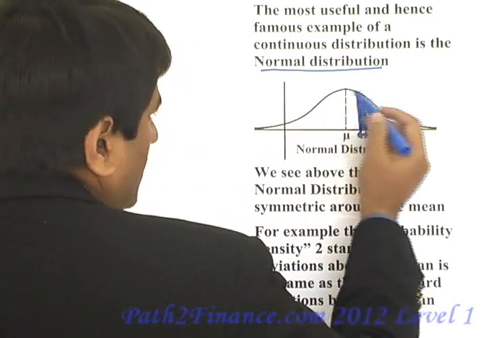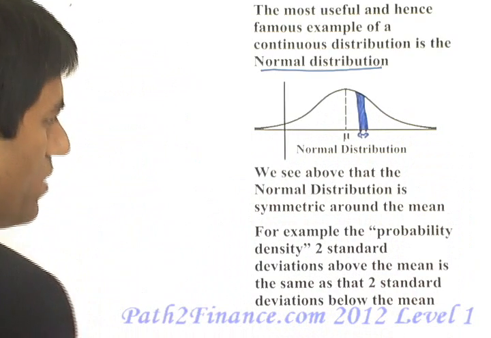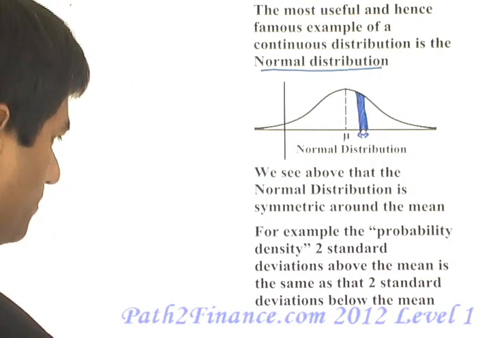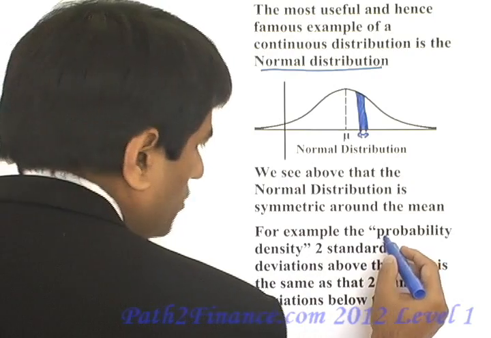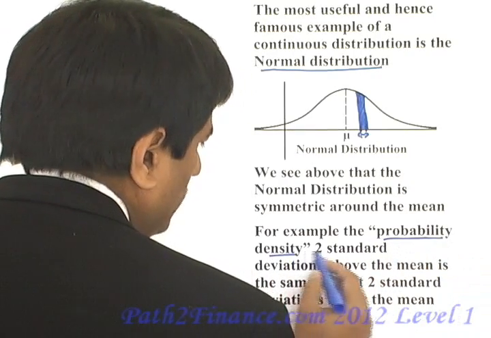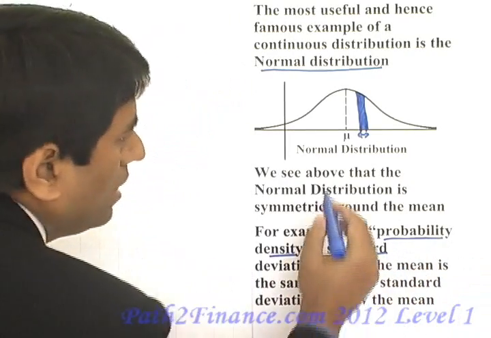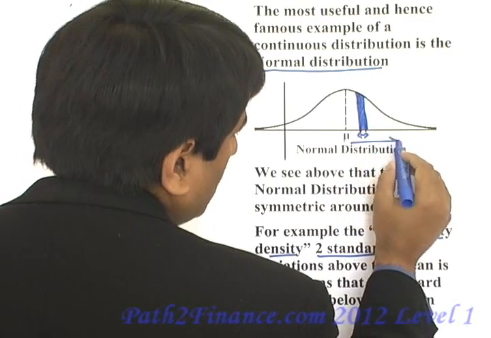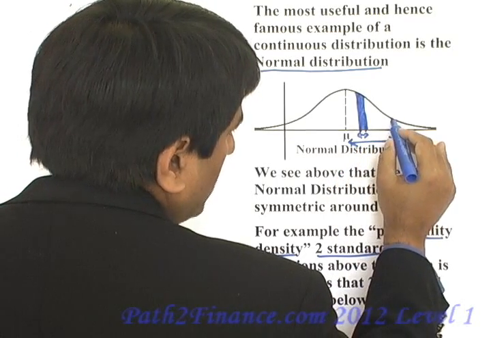Also note that the normal distribution is symmetric. What that means is that, suppose you want to find the probability density 2 standard deviations above the mean. So let's say 2 standard deviations above the mean is this much.